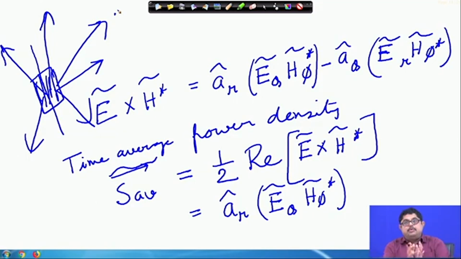I have said that no real antenna can radiate equally. Similarly, in all directions, as we will see just now, there is a shape to that, but power is flowing out. So, this is the proof that it is getting radiated.